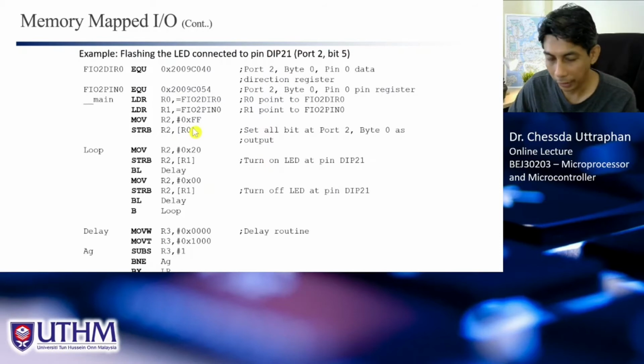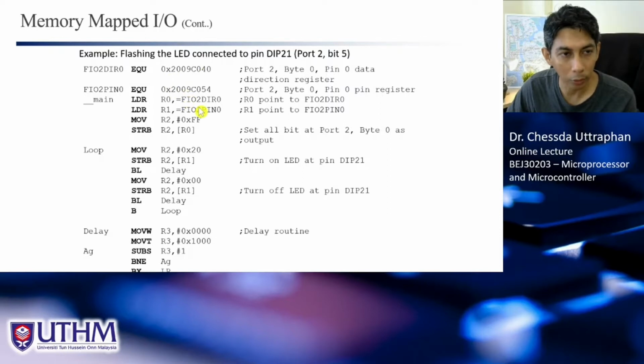So this is how we create the flashing LED, and even creating a flashing LED takes quite many steps that we need to go through, right? We need to know the address of the port.